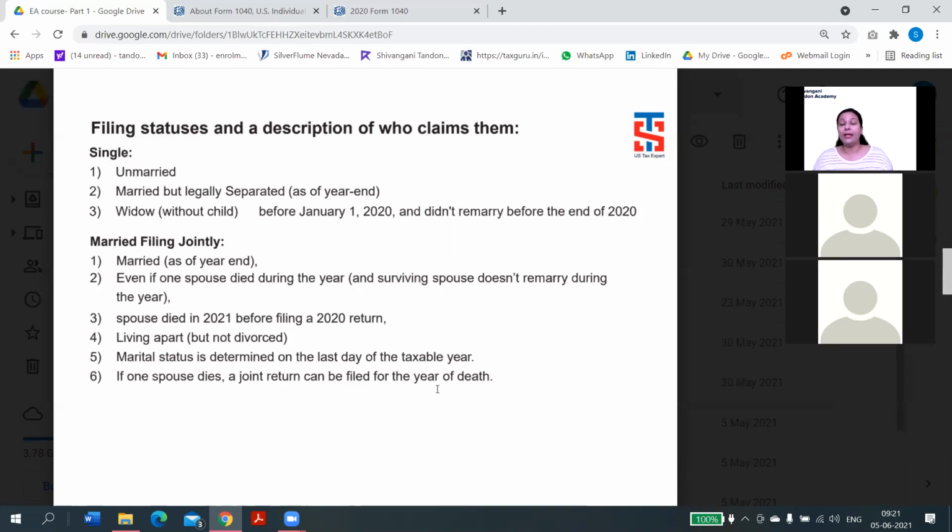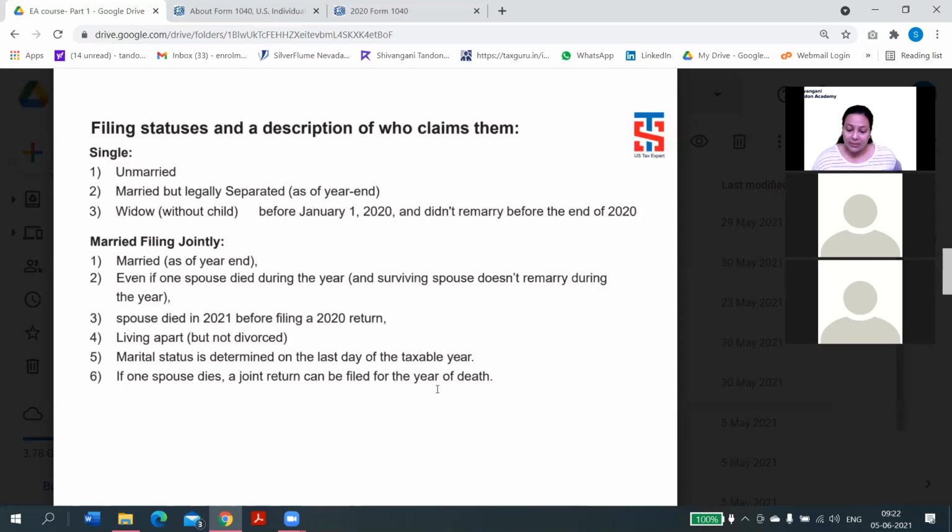Married filing jointly, I told you this status is for married couples. Even if you got married on 31st December, you will be considered married for the entire year, and for that year you will file the return with a filing status of MFJ. Even if one spouse died during the year.